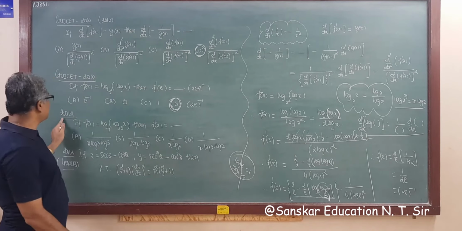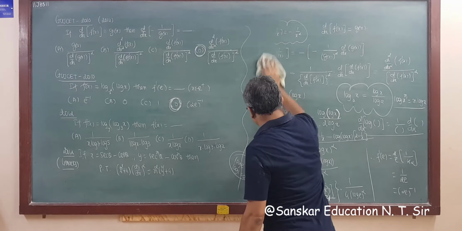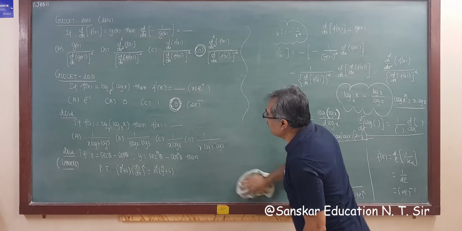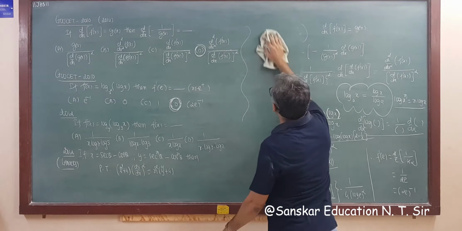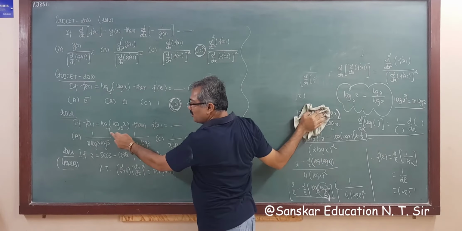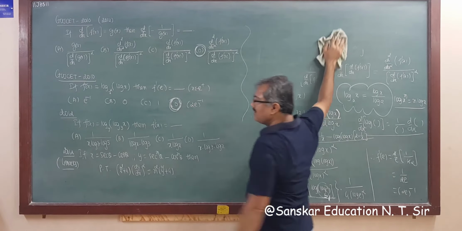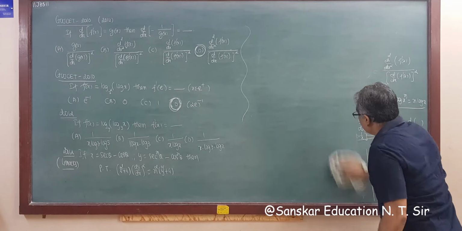Now the next question is from the Gujarat Board 2012 exam, right? And the question is, if f x is equal to log of log x base 3 base 7. So you have to apply the change of base rule here also, because this is not a natural logarithmic function. This is a general logarithmic function.